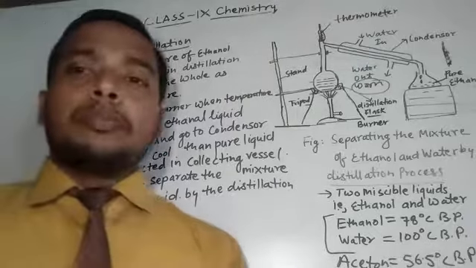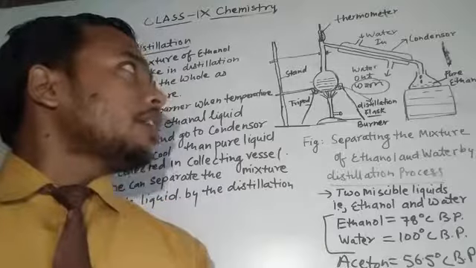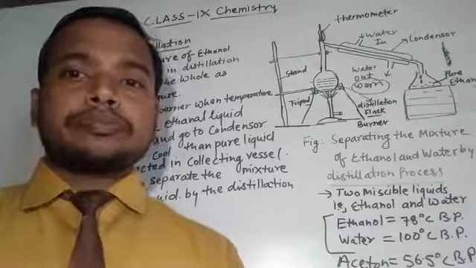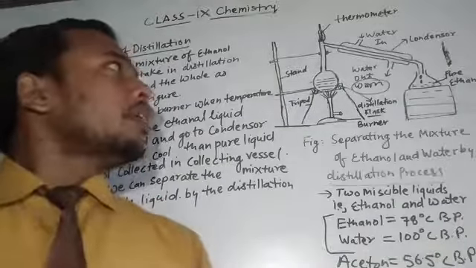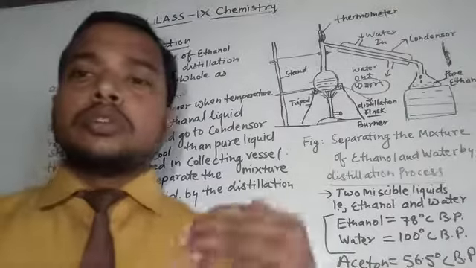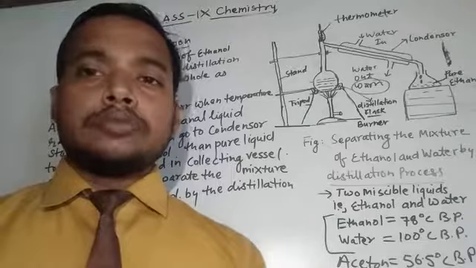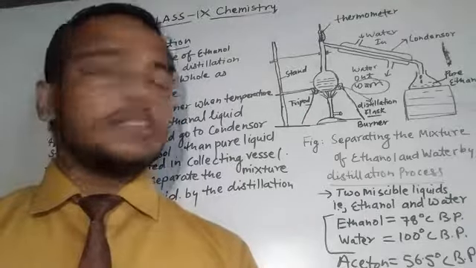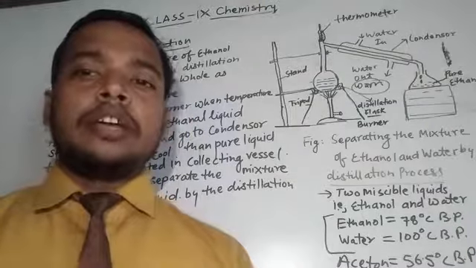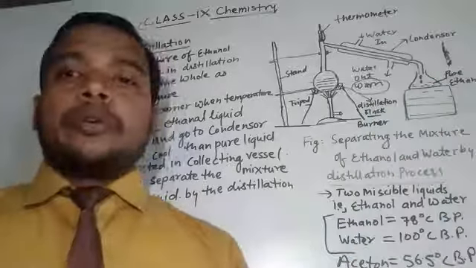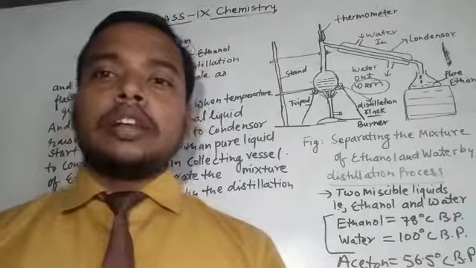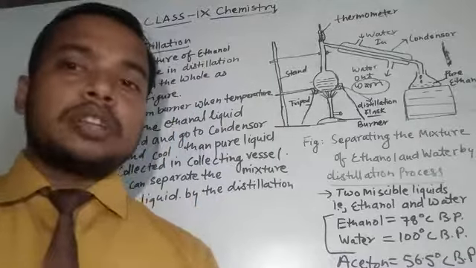The vapor moves into the condenser, and as cold water circulates around the condenser, the vapor passing through it converts into droplets after condensation, and the pure ethanol gets collected in the collecting vessel. So in this way we can collect pure liquid ethanol by the process of distillation.